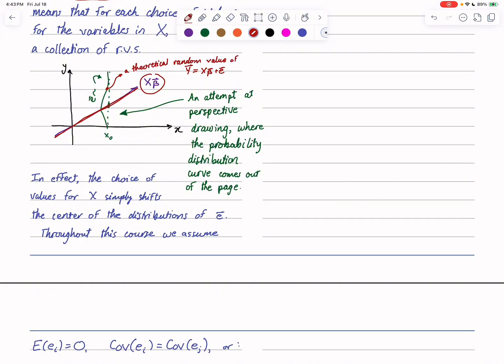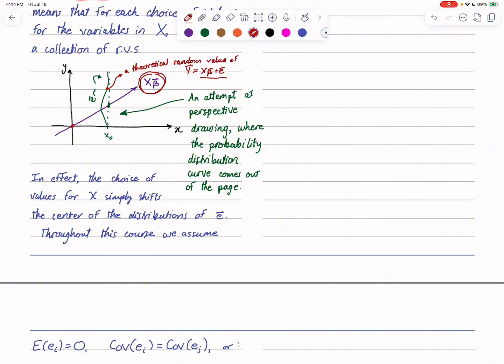This is a limited drawing, and it's going to strain my artistic ability, but hopefully this makes some amount of sense and gives you a bit of an extra grasp on the topic. So again, X beta is this linear function that passes necessarily through the origin. We're interested in talking about X beta plus e.